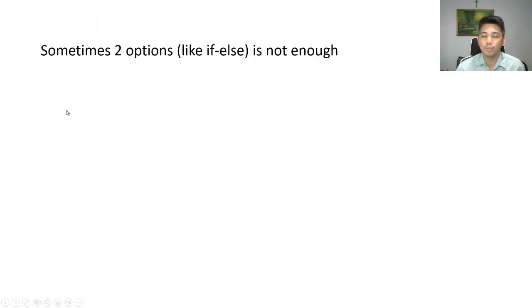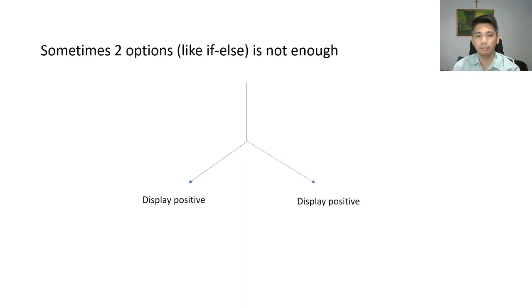There will be times, yung dalawang option, it's not enough. Di ba yung flow natin, top to bottom? One will lead displaying to the number is positive. The other will lead sa pagde-display ng negative.